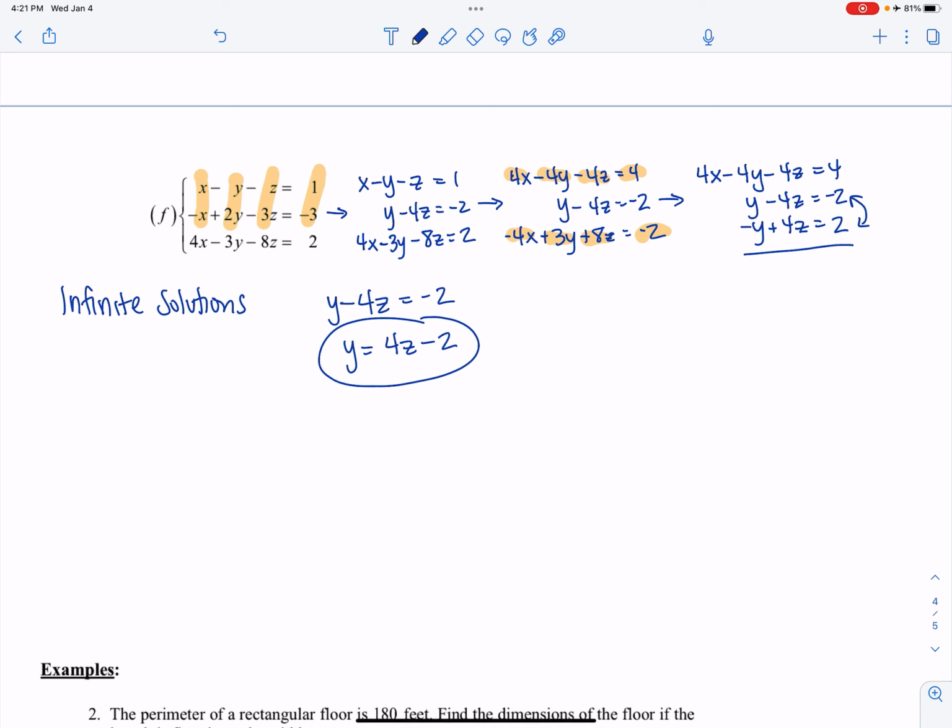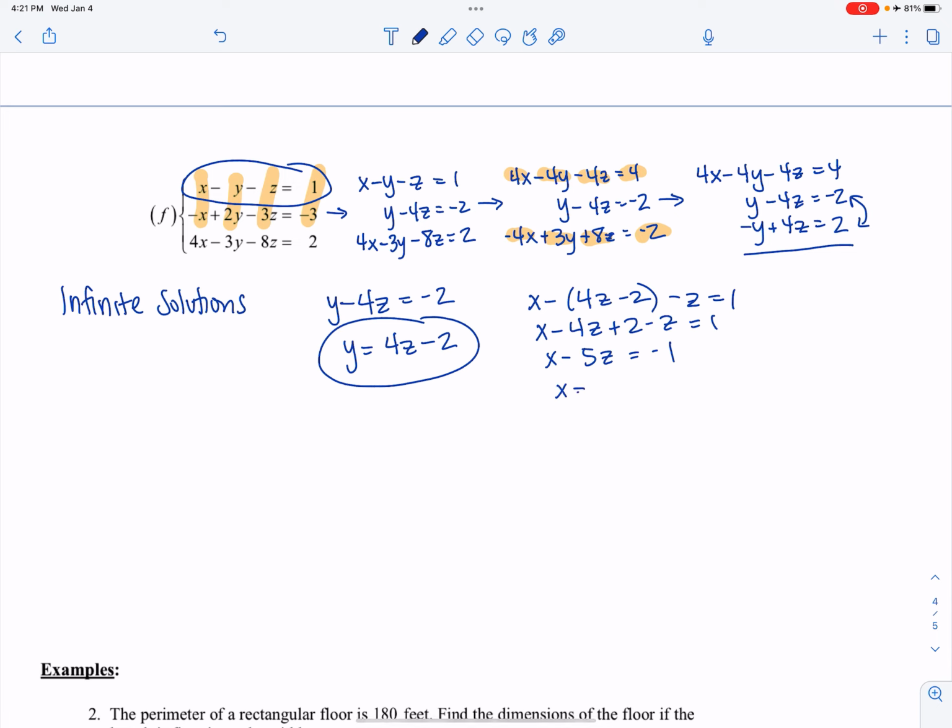My x is going to be, let's go way back over here. Let's use that one. So we have x minus, and we know what y is. y is 4z minus 2, minus z equals 1. So we have x minus 4z plus 2 minus z equals 1. x minus 5z equals negative 1.